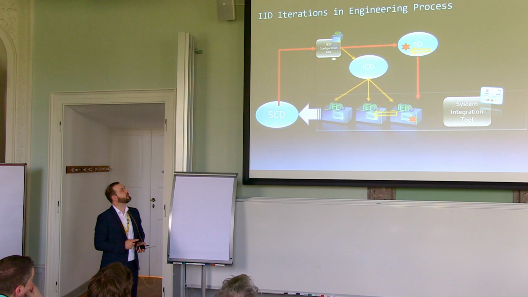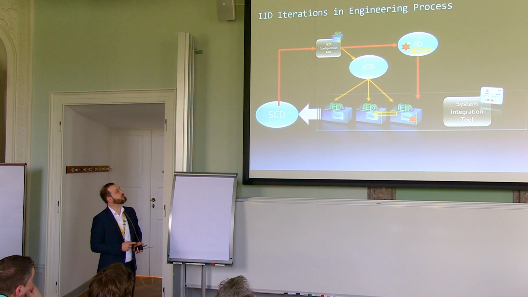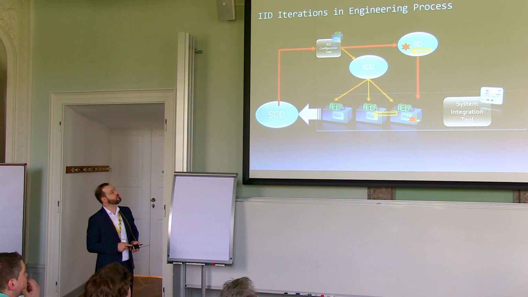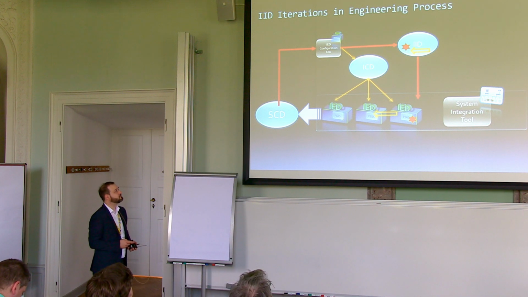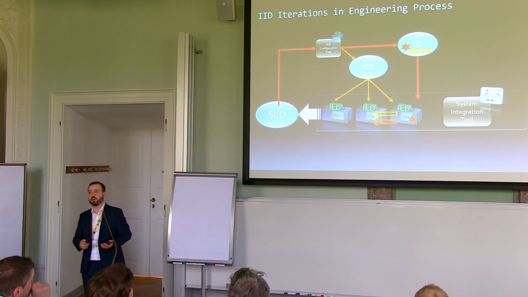So we load these already instantiated IEDs and we add an additional datum over here. And the system integration tool then can load this IED and replace the original one with something that has this modification that we were looking for. And then we can proceed with the new data model and add some more communication that we weren't able to do before.